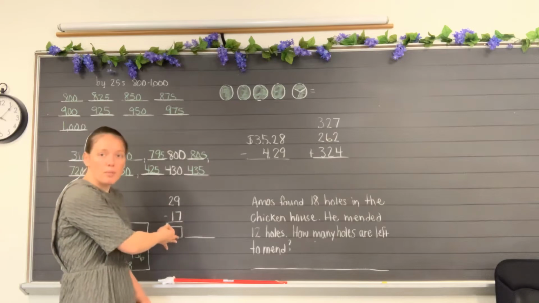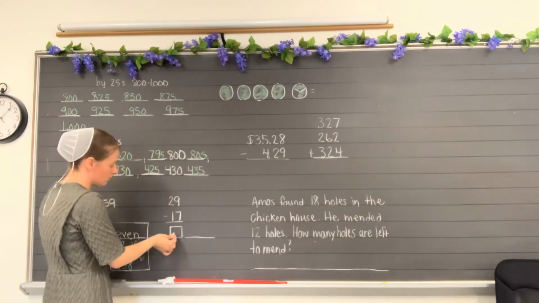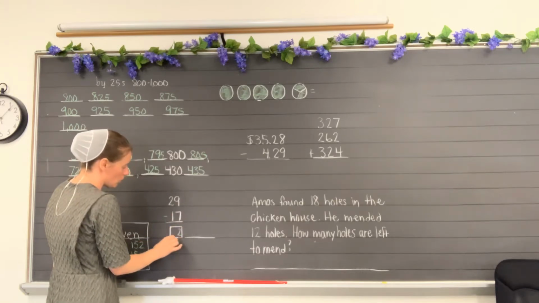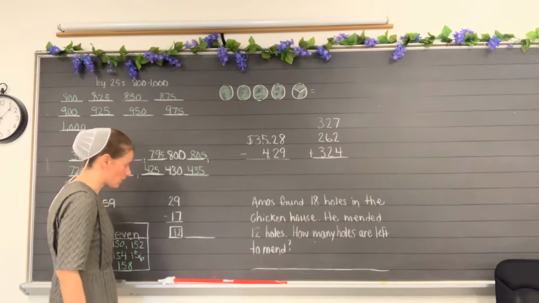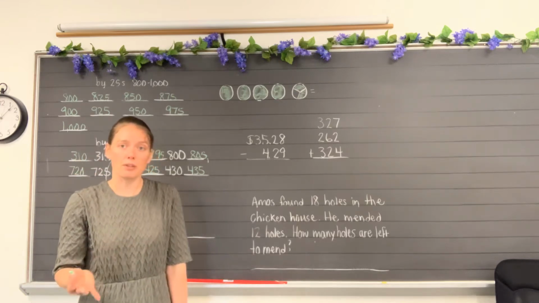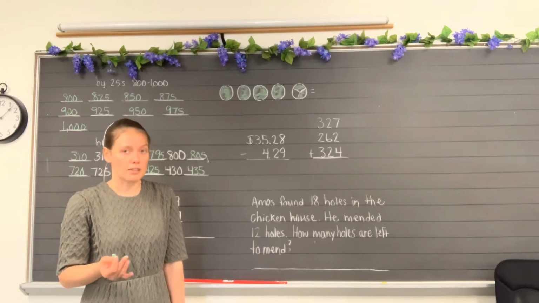Now, looking at this problem here, they have a box with a line for us to fill in. So we'll put the answer in the box. 9 minus 7 is 2. 2 minus 1 is 1. So 12 is your answer. And then they have a line here for us to write sum or difference. Whenever you have subtraction, it's difference.